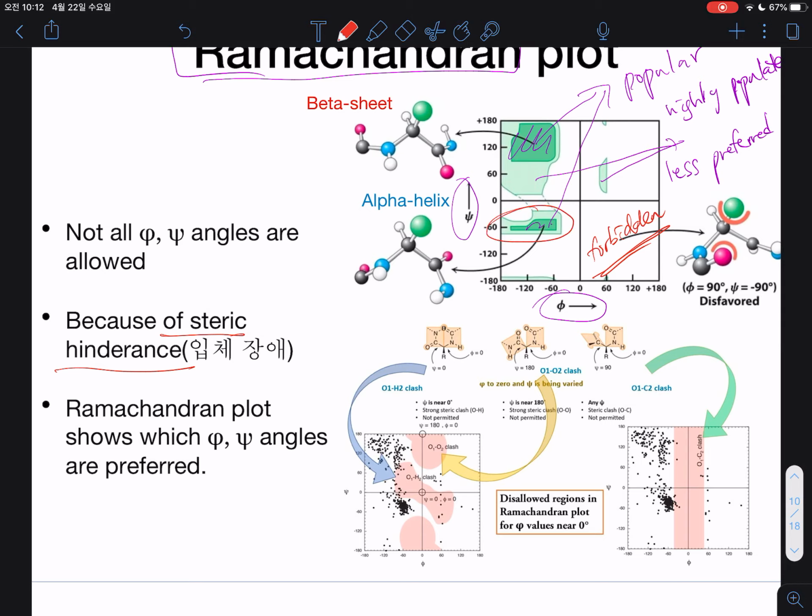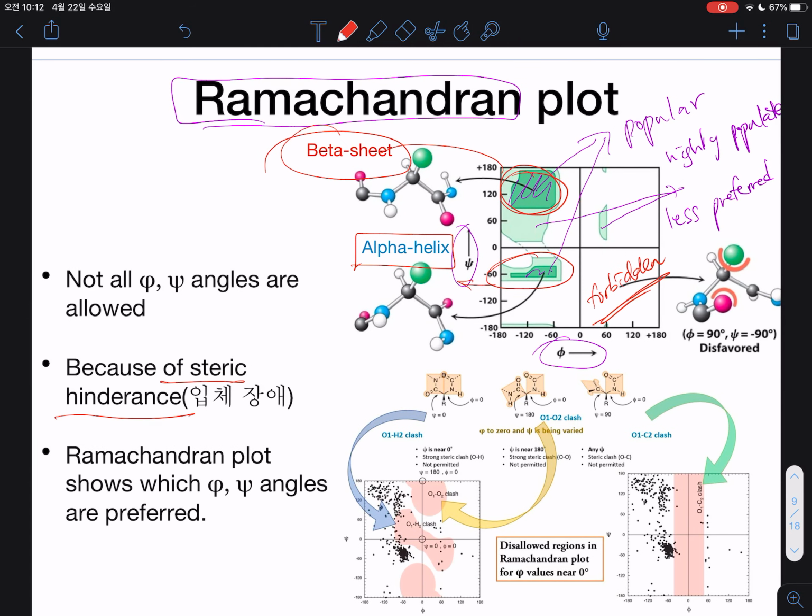People realized that this region corresponds to the alpha helical region, and this region corresponds to the beta sheet region. That's why there are two popular local secondary structures, alpha helix and beta sheets, and other regions are not preferred. Okay.